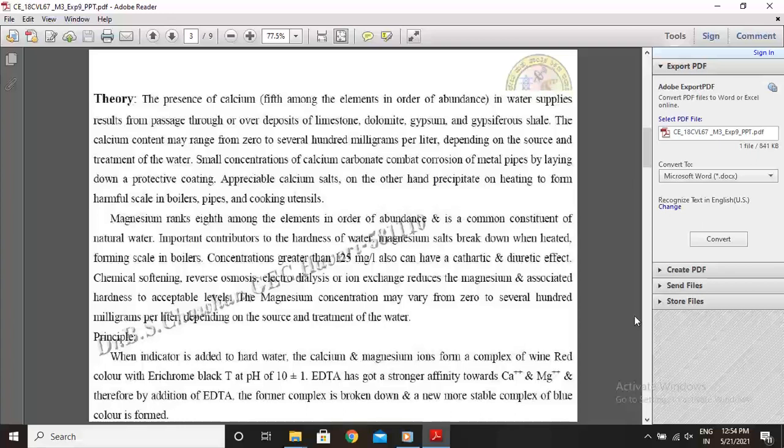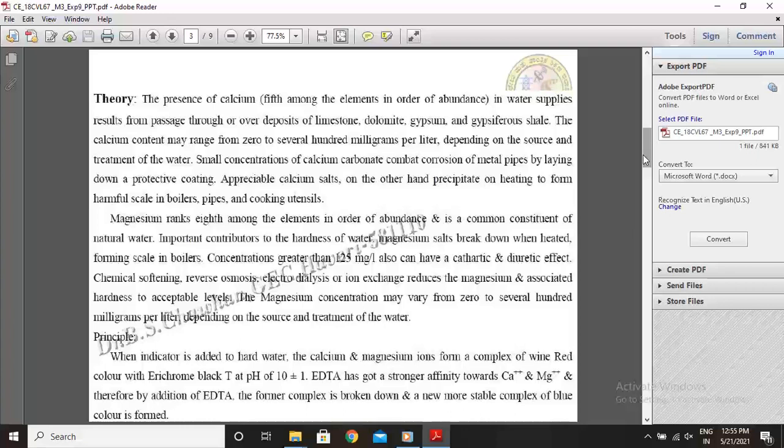Small concentrations of calcium carbonate combat corrosion of metal pipes by laying down a protective coating. Appreciable calcium salts, on the other hand, precipitate on heating to form harmful scale in boilers, pipes and cooking utensils.